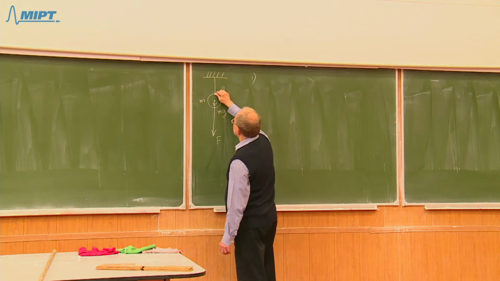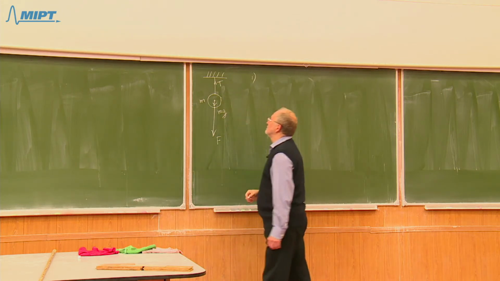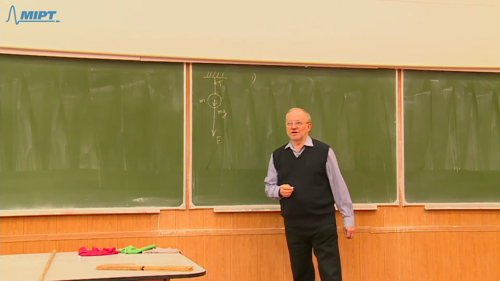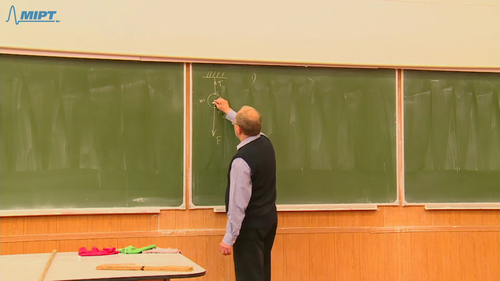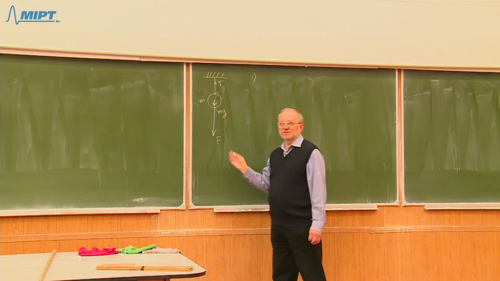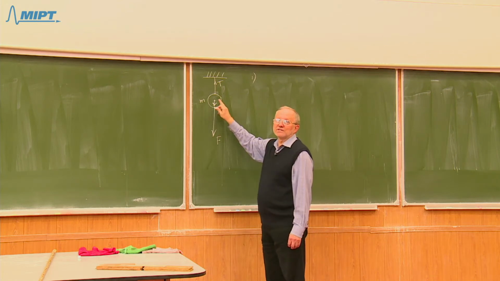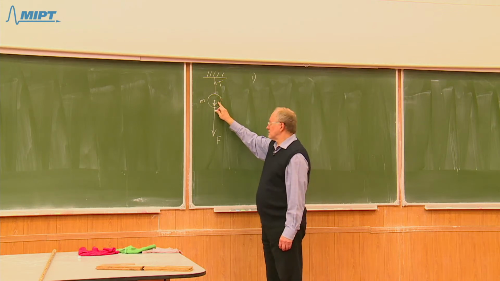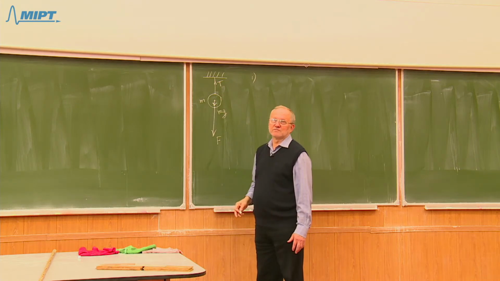And certainly the force of tension, which I will denote by T, the force of tension in the upper string. The first question, which is important in this situation, will this ball move, or will it remain at rest? At first sight, it seems that the ball will remain at rest.